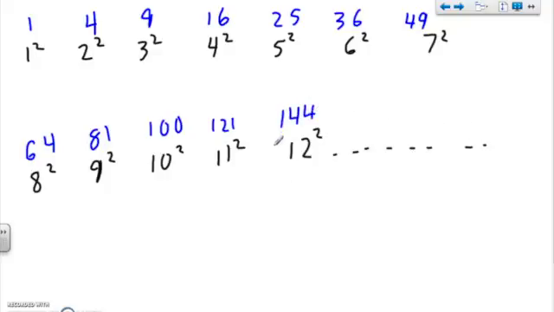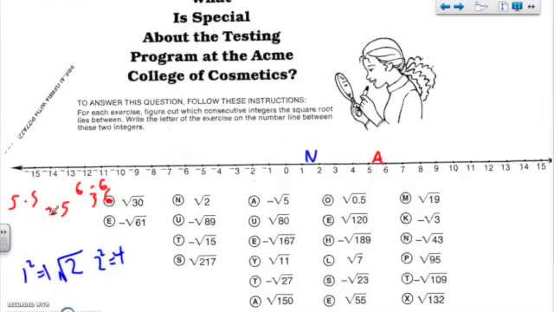But what this is going to help us to do is to help us figure out which number those perfect square or those square roots of the ones that aren't perfect squares fall between. So, for example, let me go back one more. Let's look at this one here, the negative square root of 5. Let's focus on the inside first. We're looking for the square root of 5.